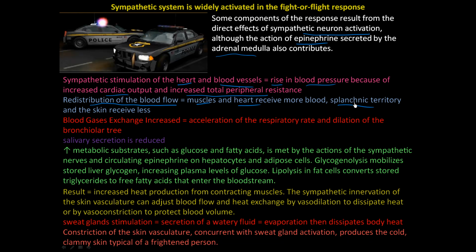The splanchnic territory receives activation of the parasympathetic, which counteracts the sympathetic activity, but less sympathetic tone, mostly to the skin. So you're going to have the redistribution of the blood.